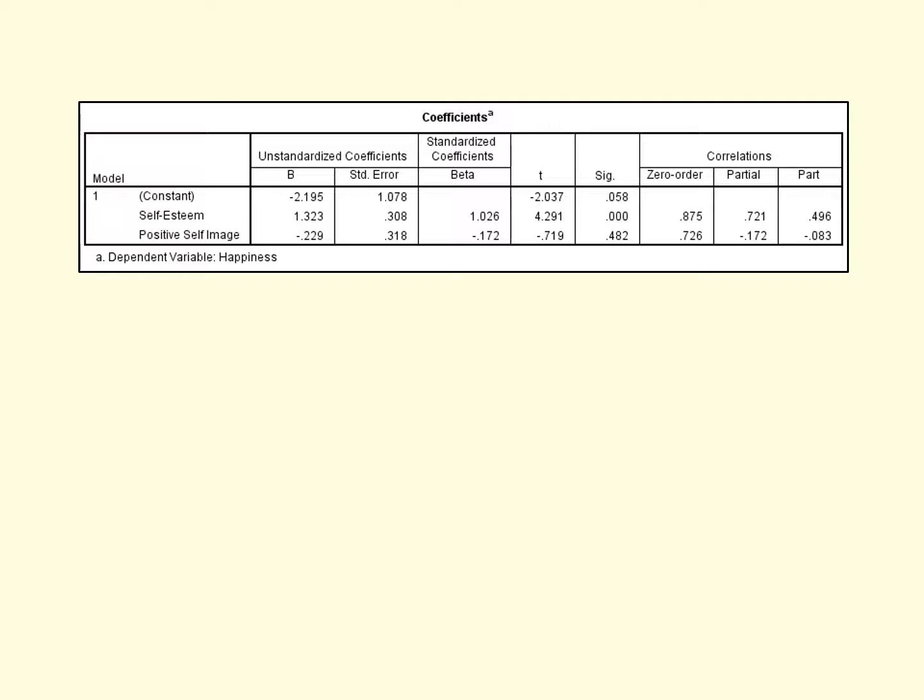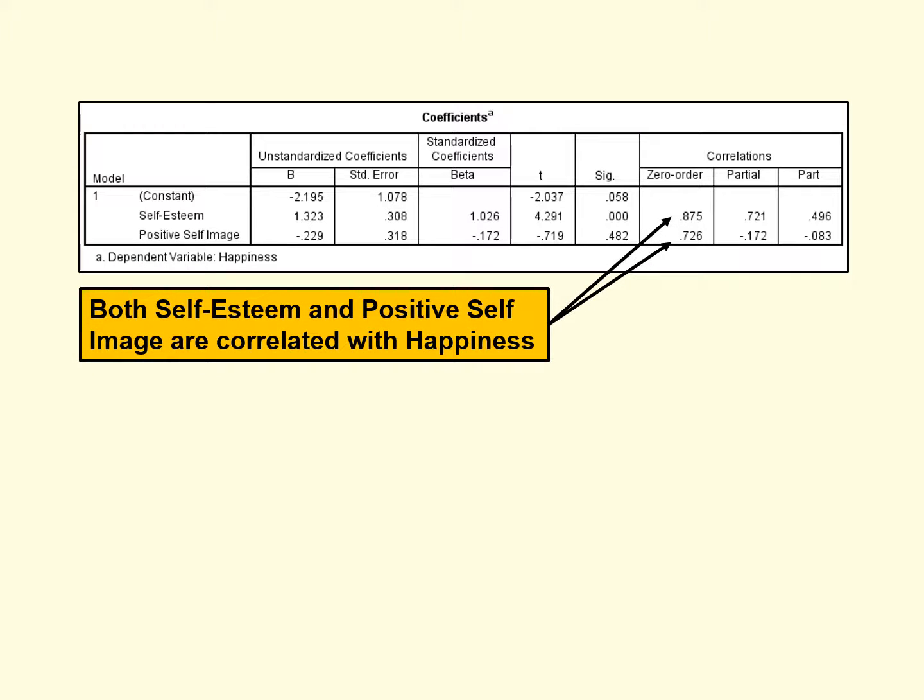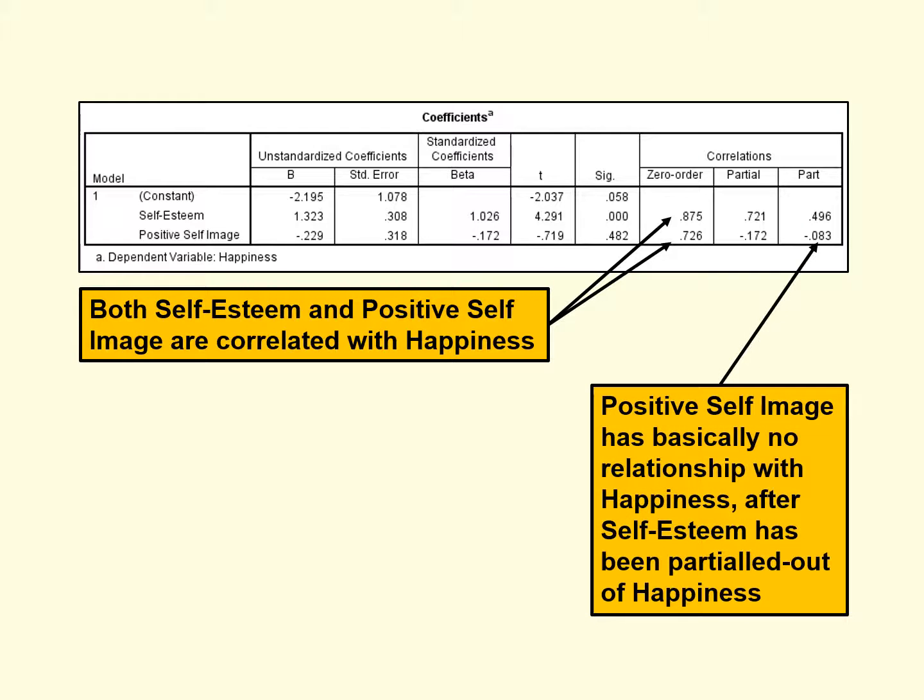Well, if you didn't already know, you could ask SPSS to give you part and partial and zero order correlations, and that would look like this, basically running the analyses again and just asking for that additional information. What you can see here is that both self-esteem and self-image are correlated with happiness. That's good. We want predictor variables that are correlated with outcome variables. If not, then why are they predictor variables? But what's not so good is that positive self-image has basically no relationship with happiness after self-esteem has been partialed out of happiness.